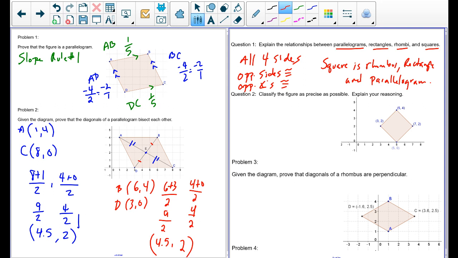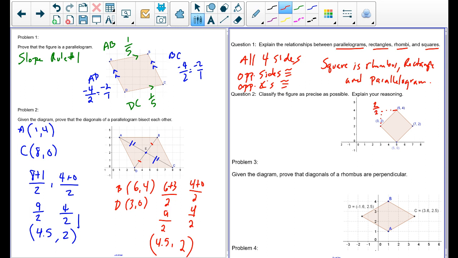Square. So let's take a look at that. 90-degree angles, congruent sides. So if I look at my sides, I would go from point to point, right? What's my rise and run? Up 2 and over 2.